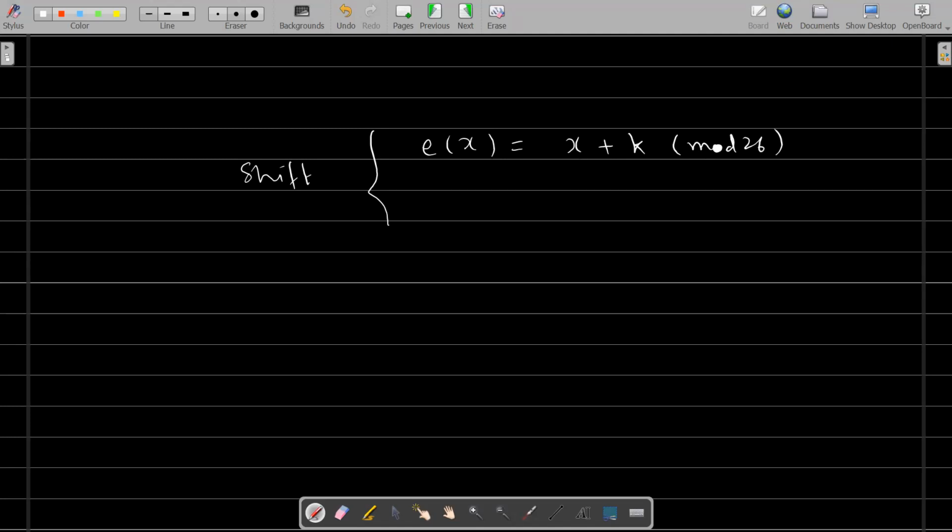If you add some more symbols like comma, full stop, and so on, then this list of 26 may get extended to 27, 28, 29, 30, whatever. Here K is a number between 1 to 25. I don't take K as 0, because if K is 0, E of X would be X, the original message. So there won't be any encryption as such, or no tricky part in that. It will be just the original message sent to B.